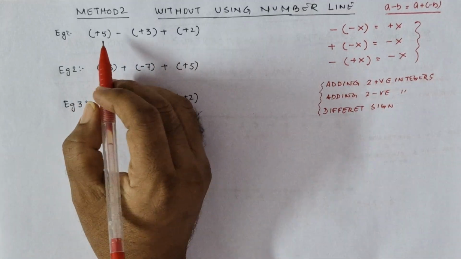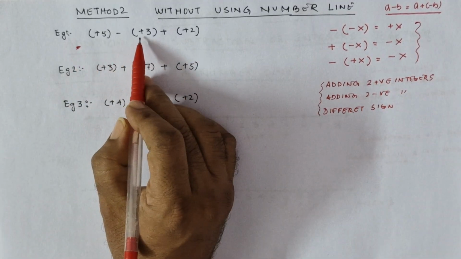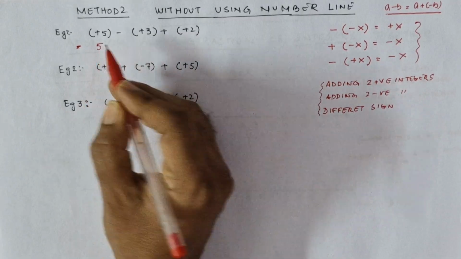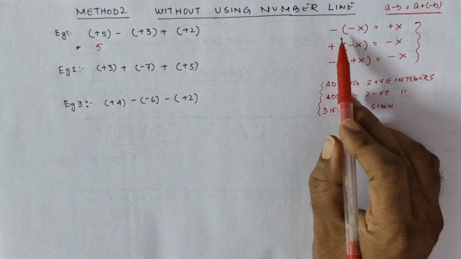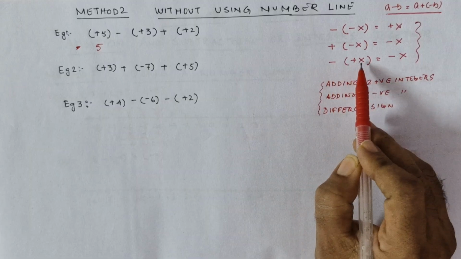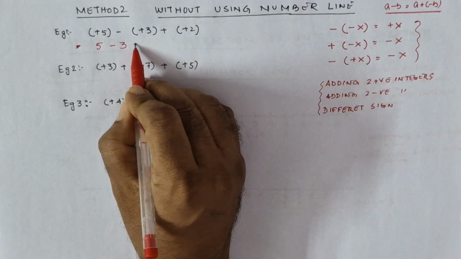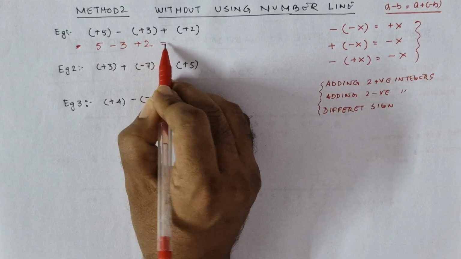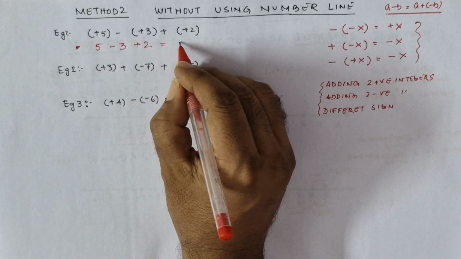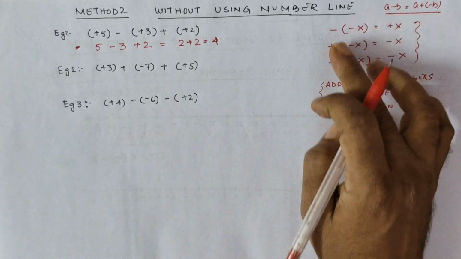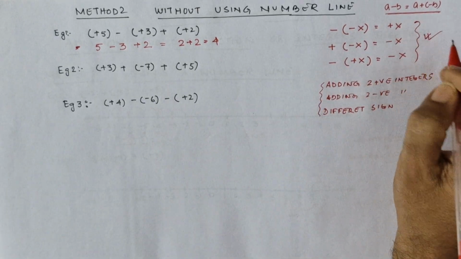Let's see. Plus 5 minus of plus 3 plus 2. So plus 5 is plus 5. Minus of plus 3 will be minus 3. Plus of plus 2 will be plus 2. So 5 minus 3 is 2, 2 plus 2 is 4. So you can follow these rules also.